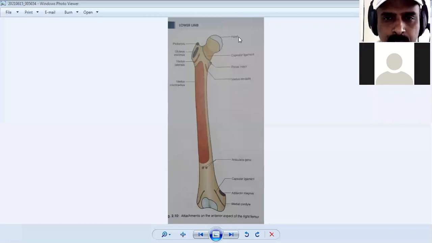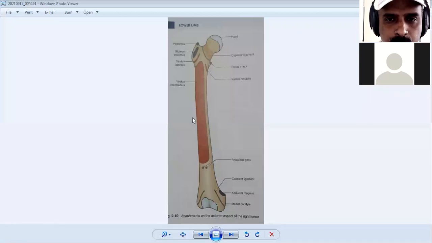So this is all about the introduction of the femur. Once again to revise, the femur is the longest and strongest bone of the body, and it is a thigh bone. It is included as a long bone. Like other long bones, it has the upper end, lower end, and shaft.